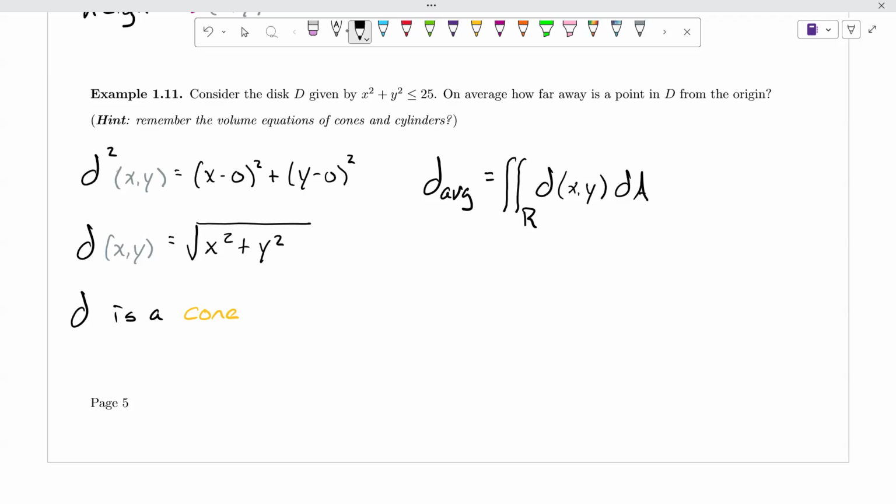And again, I know that D is going to be a cone. However, I can't just calculate the volume of the cone. Because if I do that double integral, remember this should be the area under the curve. So I'm really looking at the area that is underneath this cone.